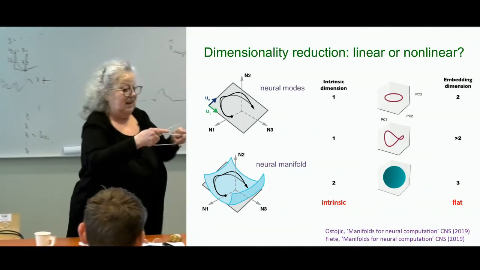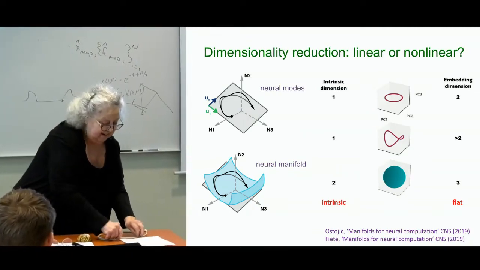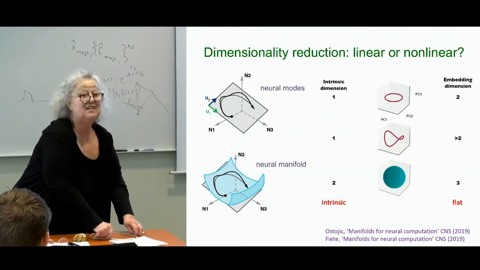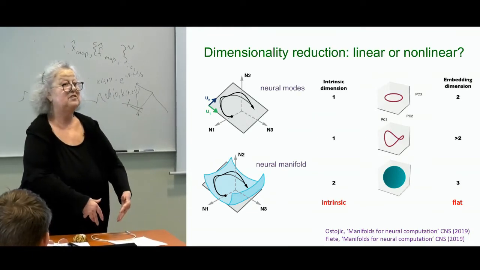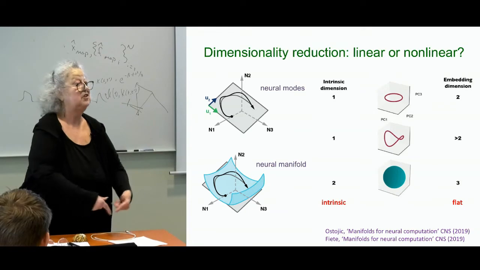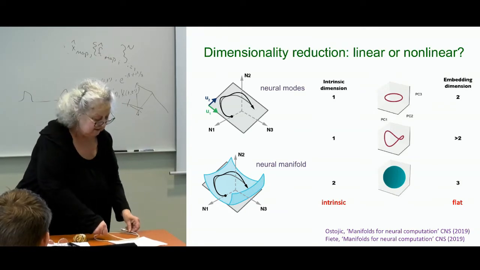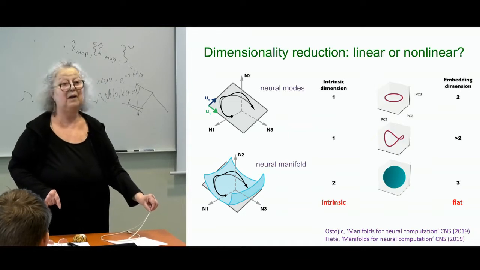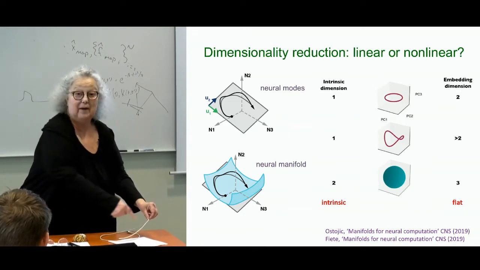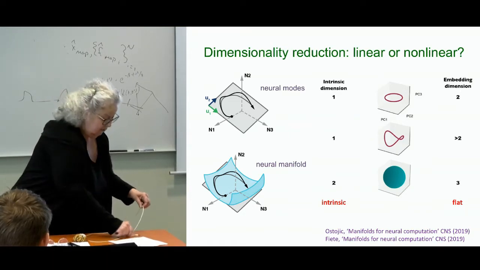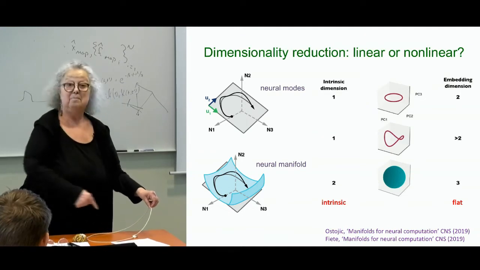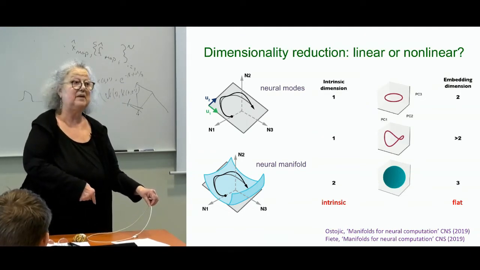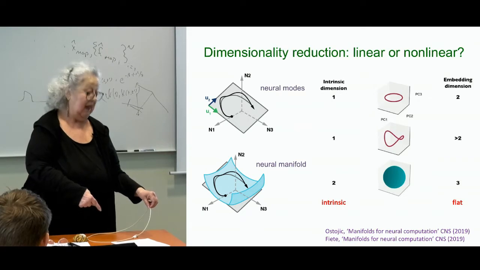So now, of course, I can put it on the table and wiggle it around as much as I want, and it's still 2 dimensions flat and 1 dimension intrinsic. But now imagine that I do something like this. I pull it up like that. I pull it away from the table. This is still a 1-dimensional intrinsic manifold, but now the flat dimension in which it's embedded is no longer 2, it's 3.